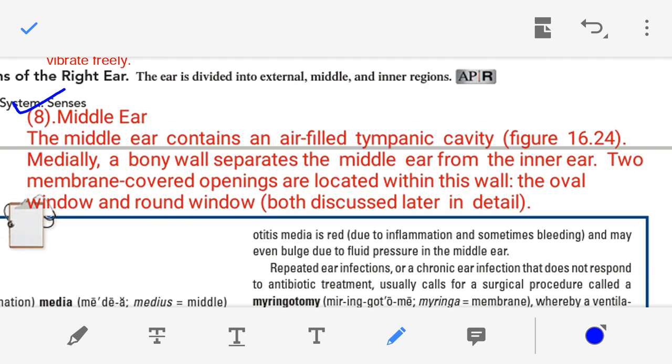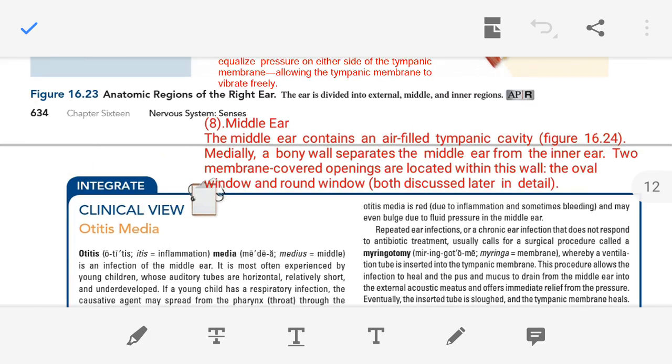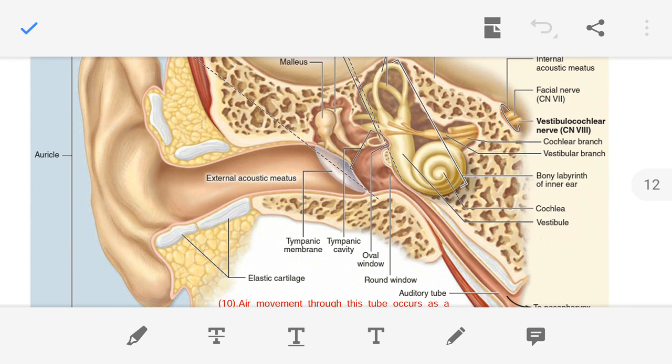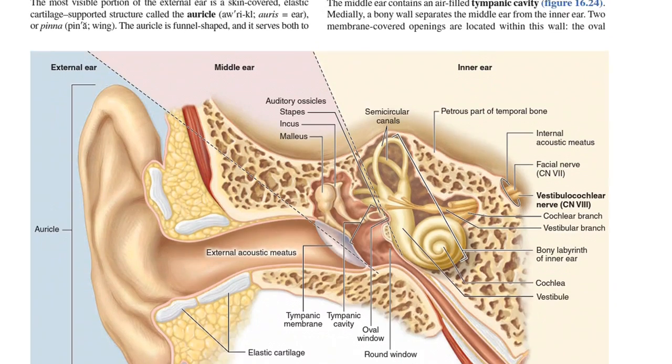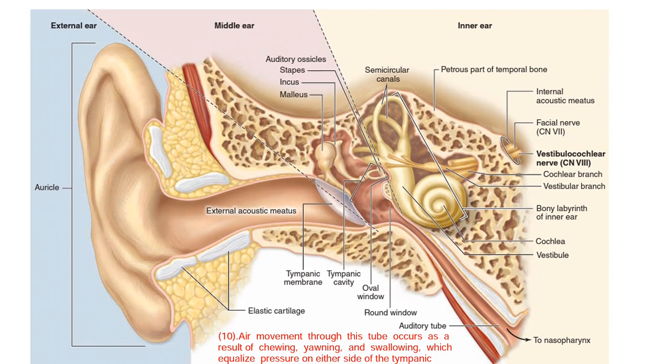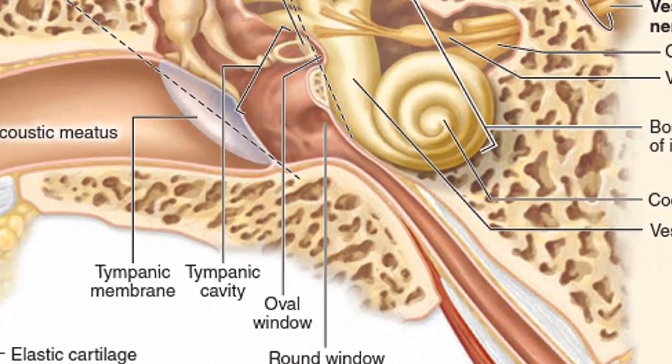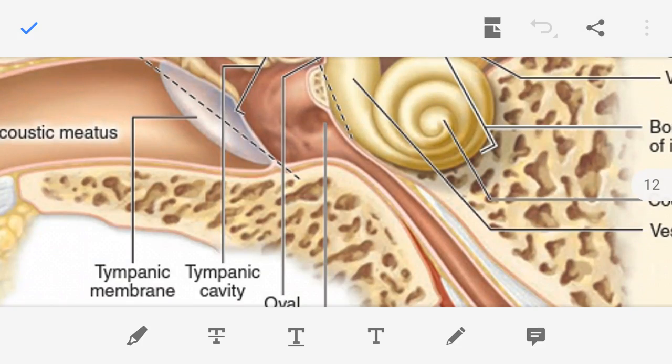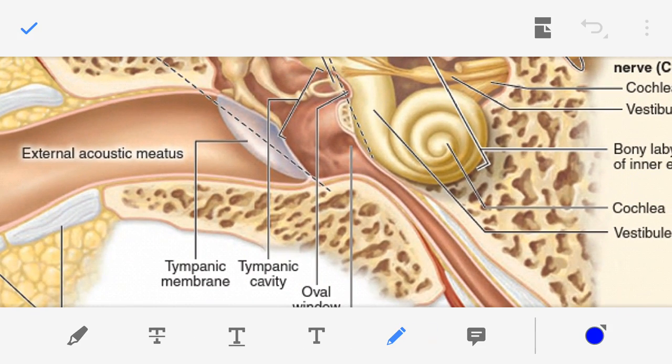In the middle ear, an air-filled cavity is present, and this air-filled cavity present in the middle ear is known as the tympanic cavity. In the figure I am showing you, this is the figure of the ear, and this entire cavity is the tympanic cavity.